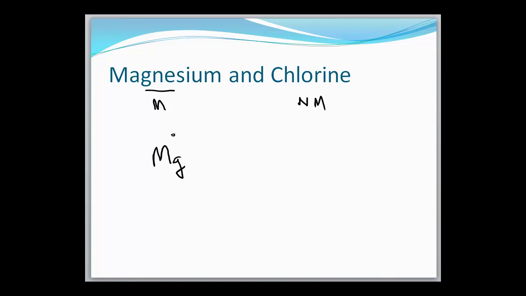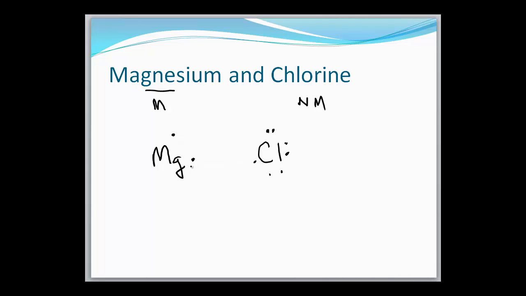So I'm going to put a dot here representing one valence electron and a dot here representing the other one. We talked about this a little bit earlier in a previous podcast. Chlorine has 7 valence electrons, so 1, 2, 3, 4, 5, 6, 7. And we'll talk about how you pair these up a little bit later.